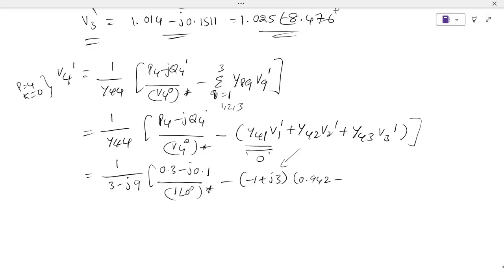V2(1) is 0.942 minus j0.306. Minus this term now, Y43, that is minus 2 plus j6, times V3(1), this one we already have calculated.